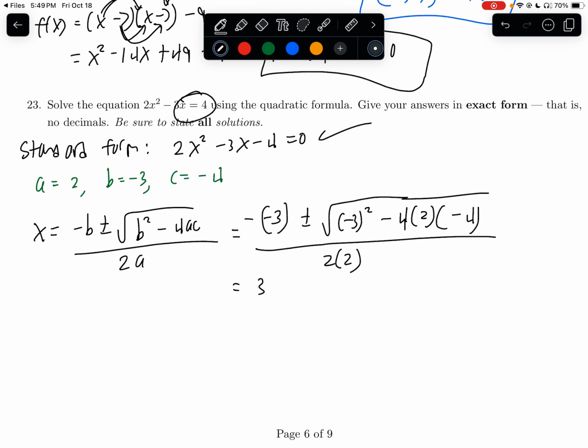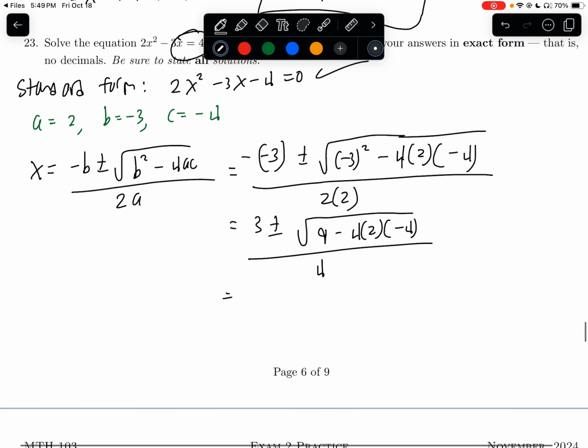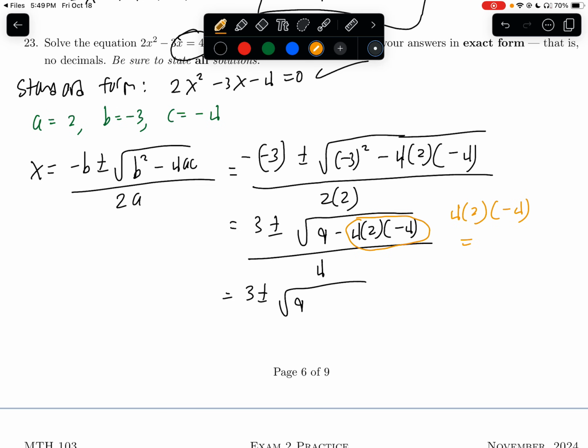So negative 3 is 3, and then I have 9 minus 4 times 2 times negative 4 over 4. And this is 3 plus or minus 9, and there's a couple of ways to look at this. If I look at just these terms, I have 4 times 2 times negative 4, and that is 32. So then I'm doing 9 minus negative 32.